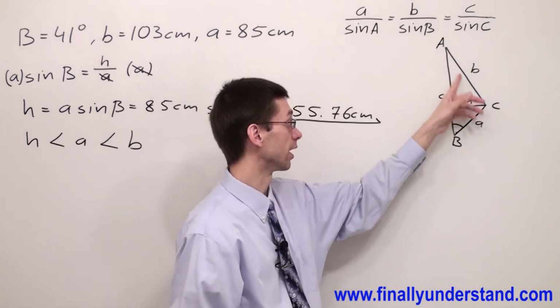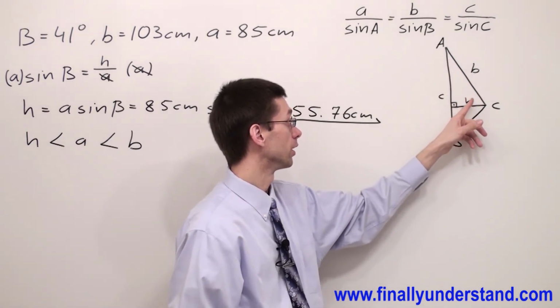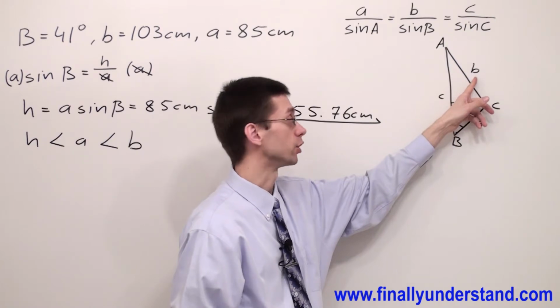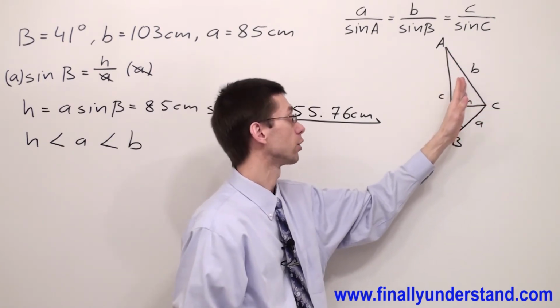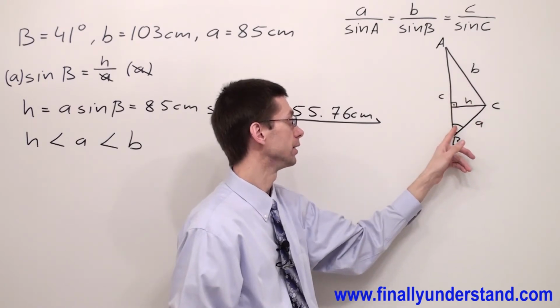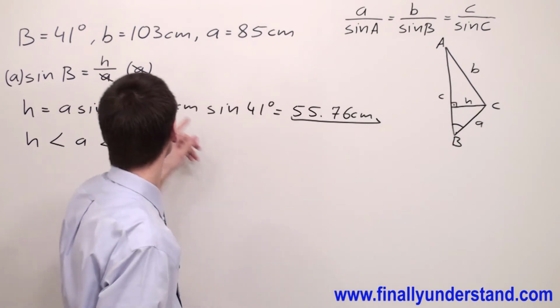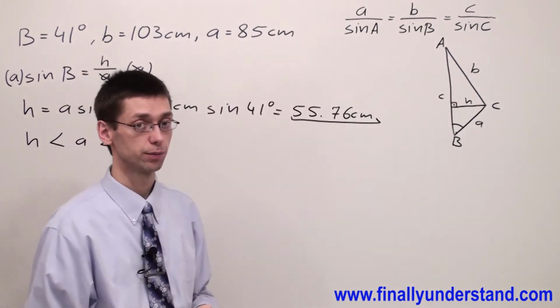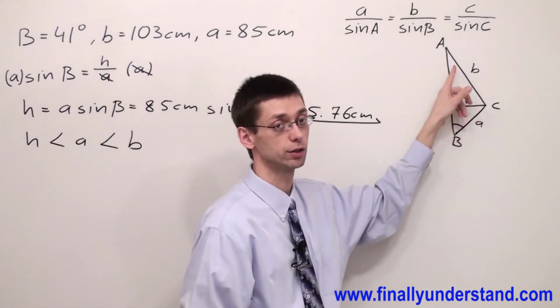Next, we're supposed to look at the length of the sides of the triangle. So if B is going to stay in the position like it is right now, we're going to be able to maintain angle B having 41 degrees. Okay, so this is one of the solutions if I'm going to have a triangle like this one.